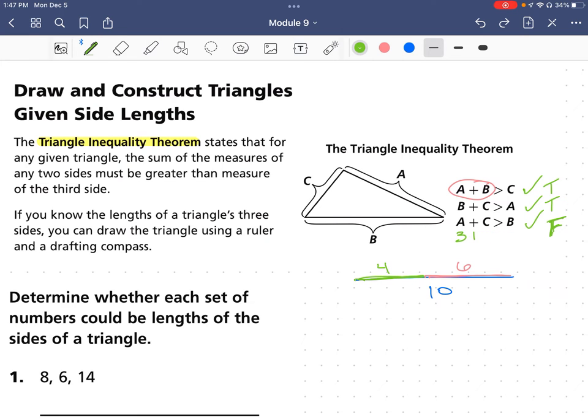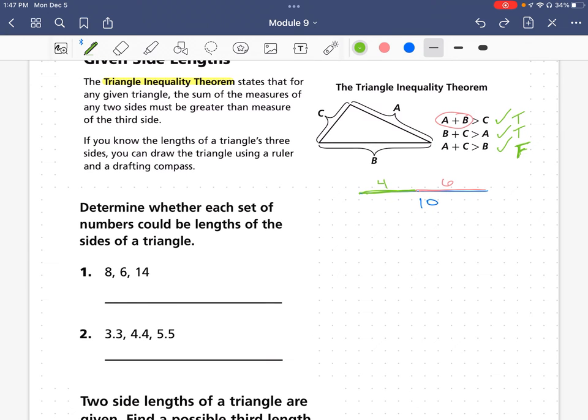All right, let's put this into practice. Determine whether each set of numbers could be lengths of the sides of a triangle. So imagine you have your nice long 14 on the bottom here, and we need to have a side length of 8, which is pretty long, and then a side length of 6.